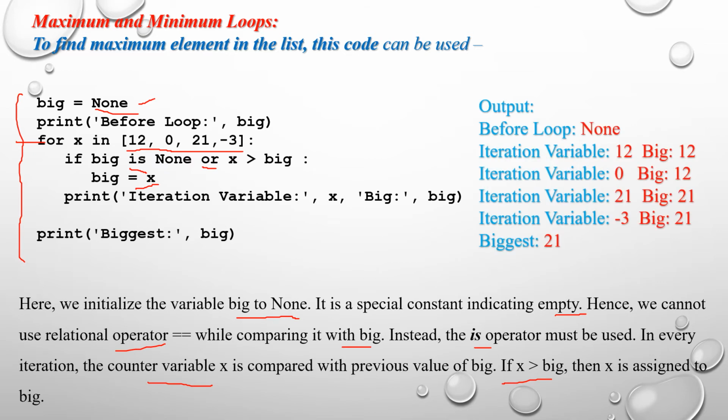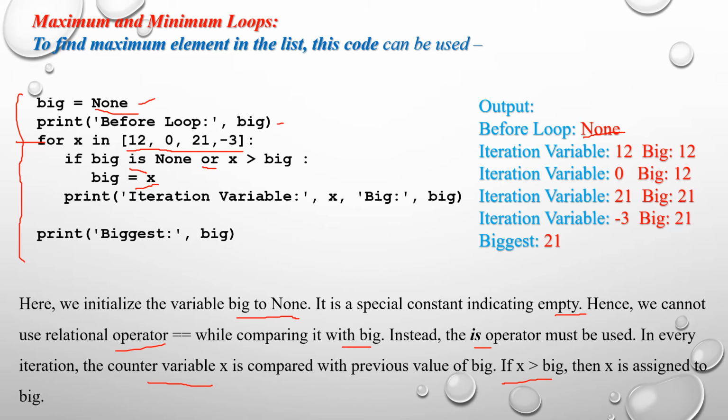For example, if you run this code, before the loop the interpreter is going to print None, because None was assigned to big. So before loop is None.